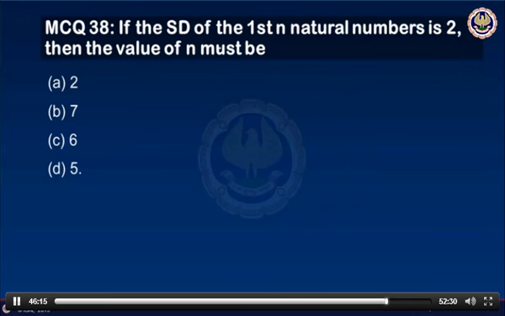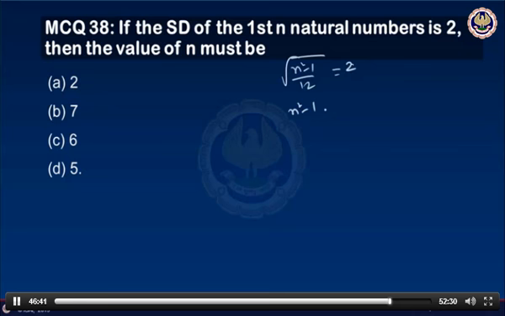MCQ 38. If the SD of the first n natural numbers is 2, then the value of n must be. You know the formula: SD of n natural numbers is the square root of n square minus 1 by 12, which is equal to 2.